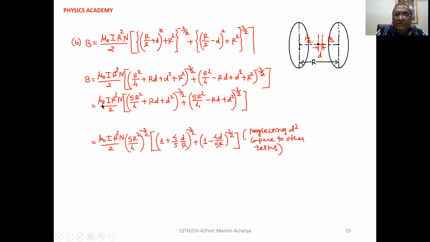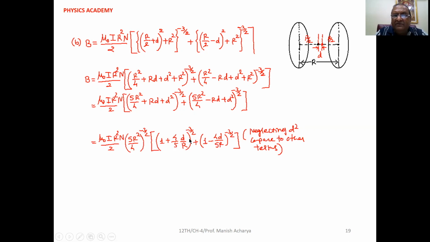Now, mu 0 I r square n by 2 as it is. Now from these two terms, suppose we take 5 r square by 4 common. Now if we take 5 r square by 4 common, then in place of 5 r square by 4, you can write 1. For this rd, if you take 5 r square by 4 common, then you have to multiply it by 4 upon 5r.